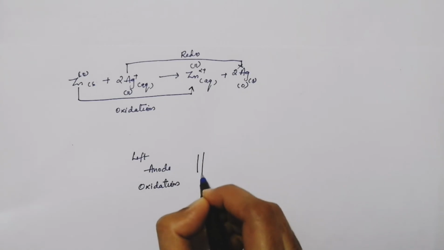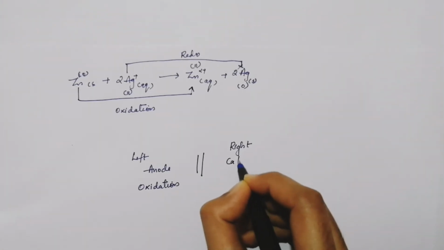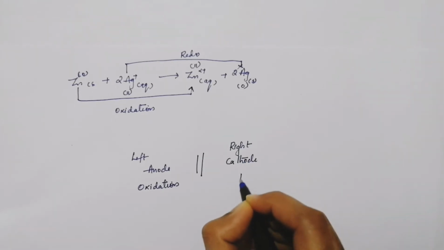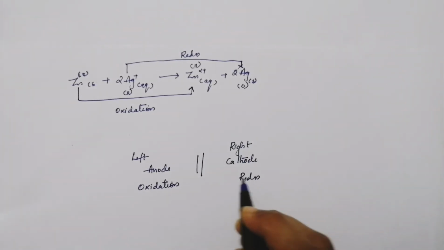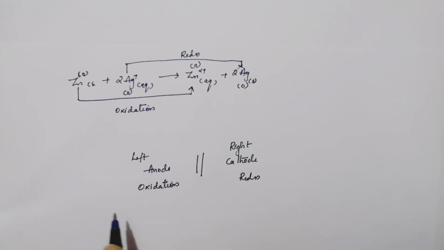And then we have the bridge, and then on the right hand side we have the cathode, and reduction reaction takes place here. From this equation, we already know that zinc is undergoing oxidation. So at the anode we'll write Zn bar Zn2 plus, because zinc is undergoing oxidation.